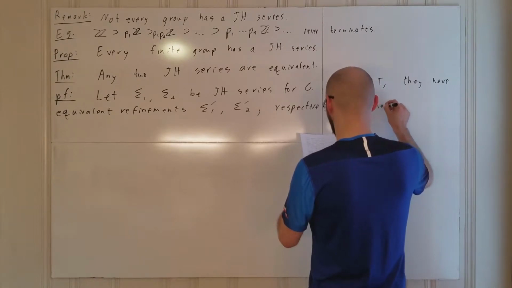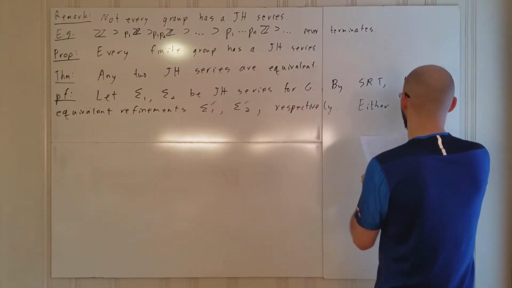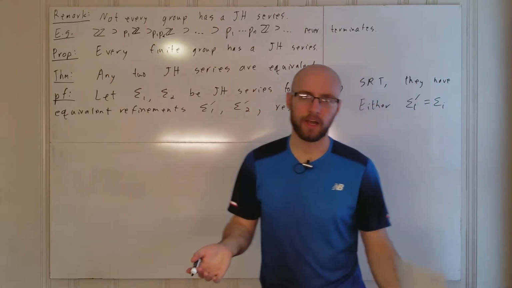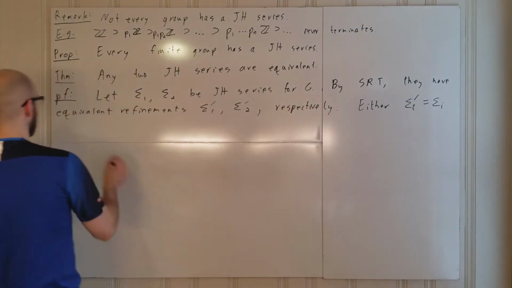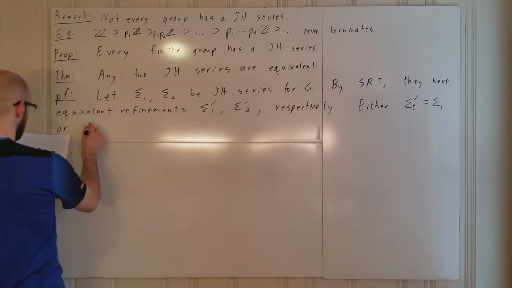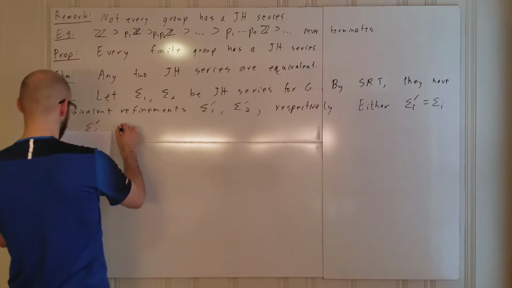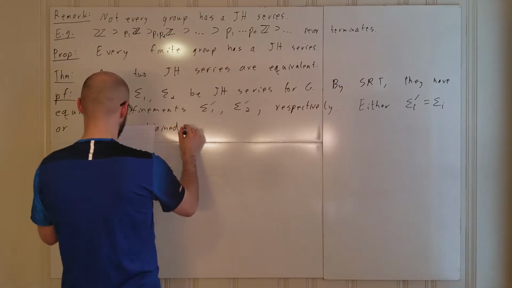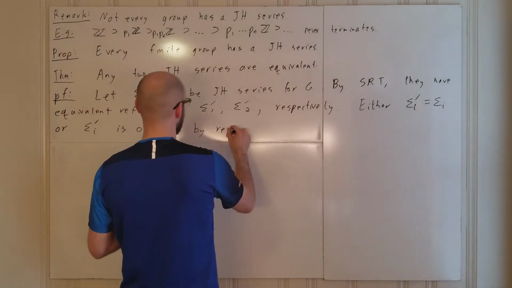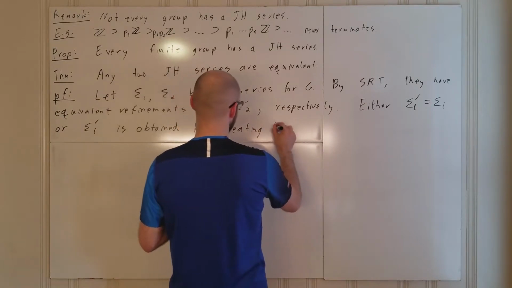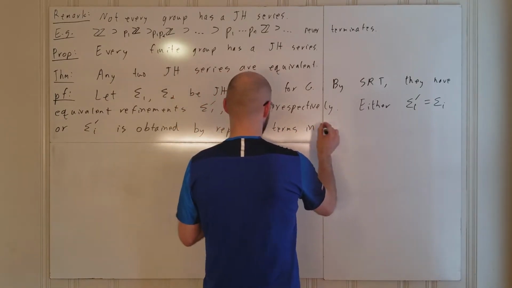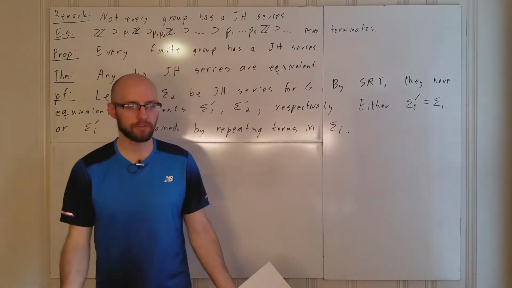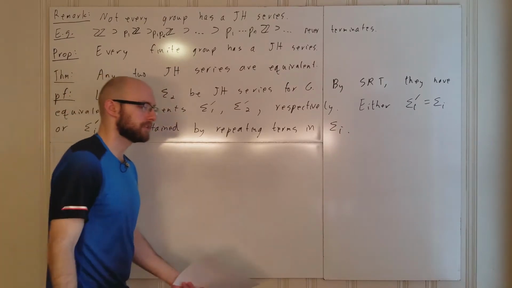So either sigma I prime equals sigma I, and this is for I either 1 or 2, or sigma I prime is obtained by repeating terms in sigma I. And that's because sigma I is a Jordan-Holder series, so each of its graded pieces are simple.